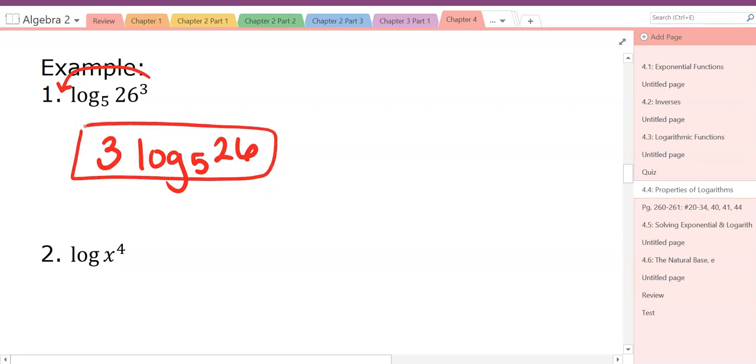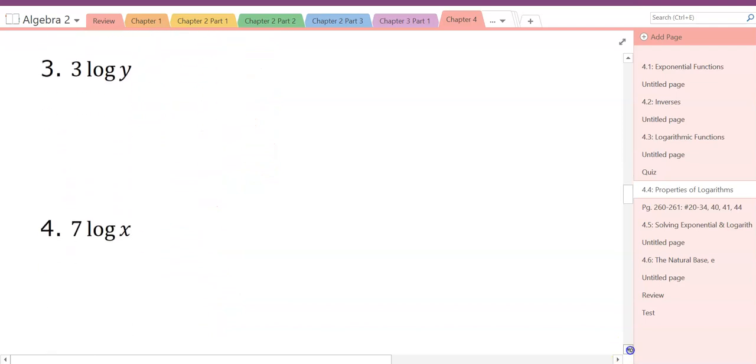Okay, you guys try number 2. Okay, so we're just going to bring that 4 to the front. So it says 4 log x.